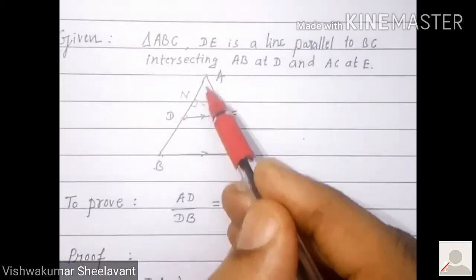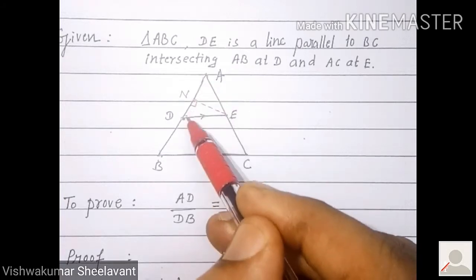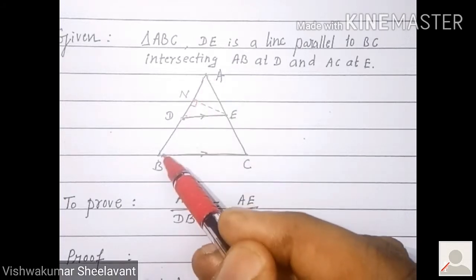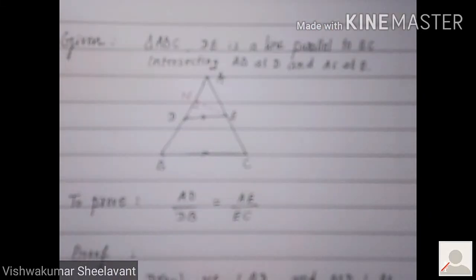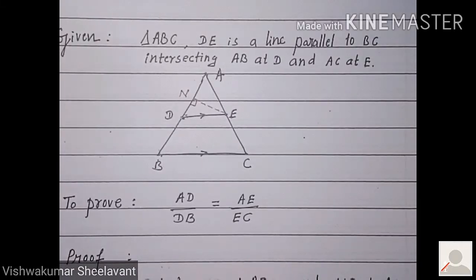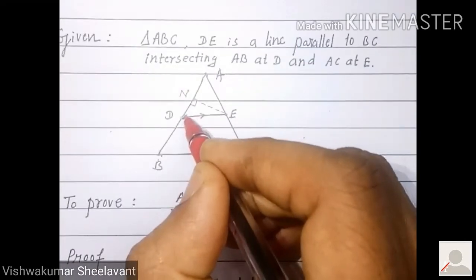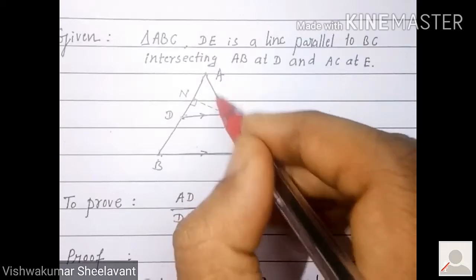That means NE is perpendicular to AD as well as AB, because it is just a continuation of line segment AD up to B. Another perpendicular we have to draw. From where to where? That is MD. So M should be on AE.